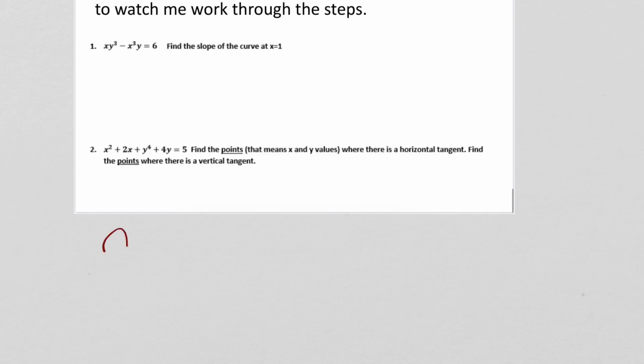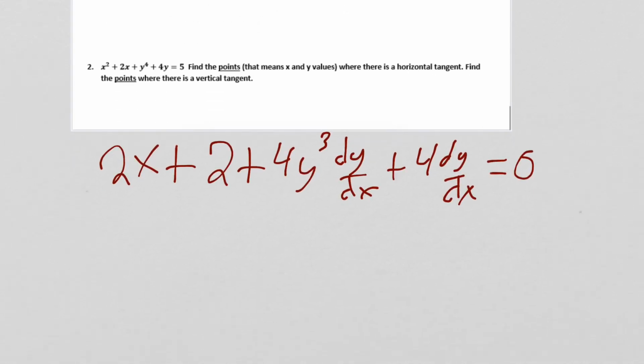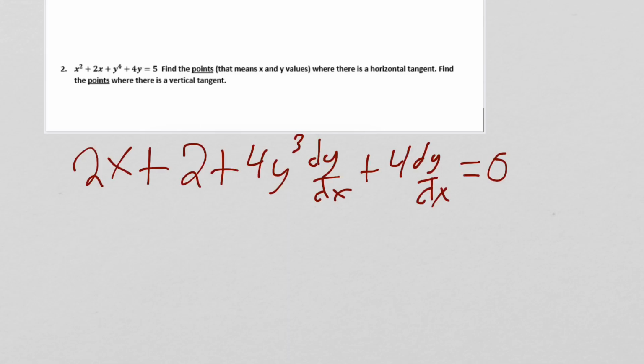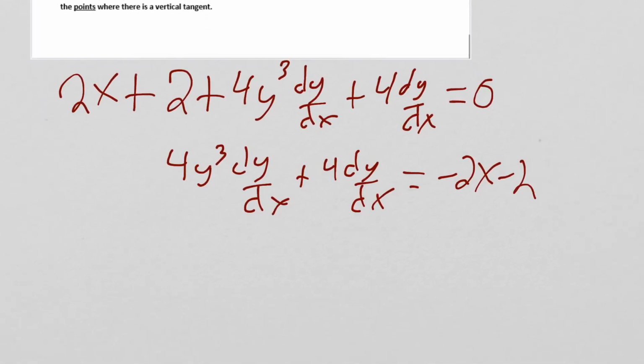So we get 2x plus 2 plus 4y cubed dy/dx plus 4 dy/dx, and that's equal to 0. Again, we need to get everything without a dy/dx to the other side. So we get 4y cubed dy/dx plus 4 dy/dx, and that's going to be equal to negative 2x minus 2, because we're going to subtract those pieces over.